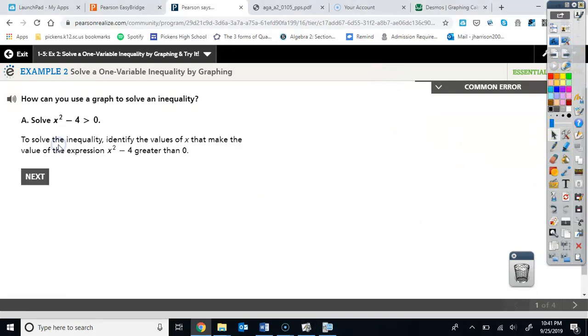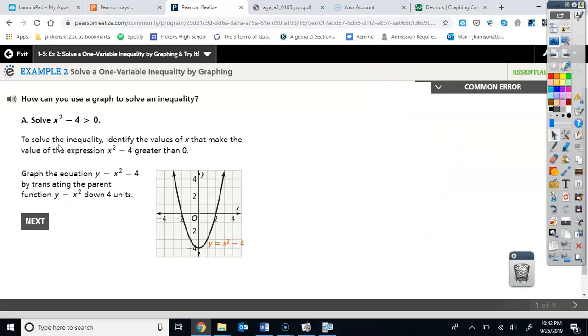If I graph this actual graph and I use some pretty points here, this graph touches the x-axis at -2 and touches the x-axis at +2. That means it is positive or greater than 0 above there and above here.